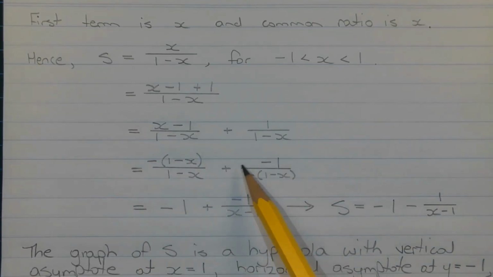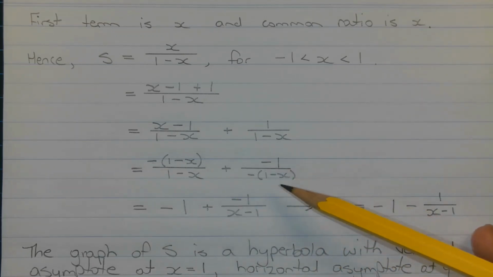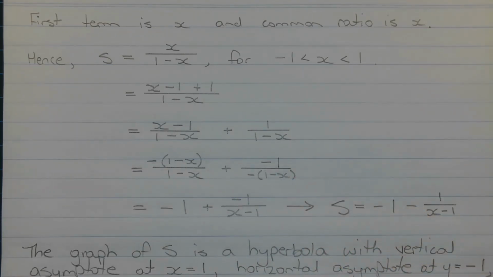And with the second fraction here, multiplying top and bottom by -1, we get a numerator of -1 and a denominator of -(1 minus x). Multiplying through the negative in the denominator, the 1 minus x becomes x minus 1.